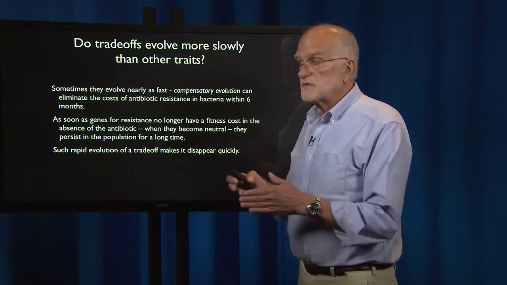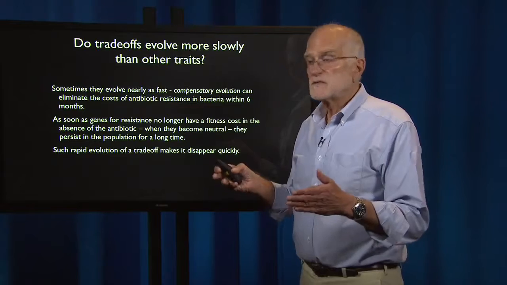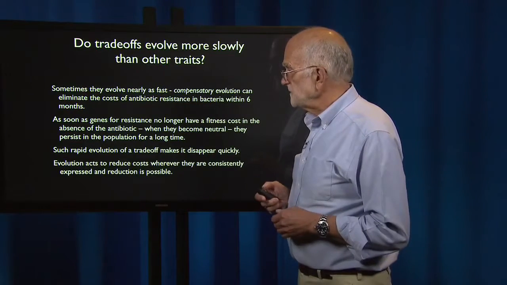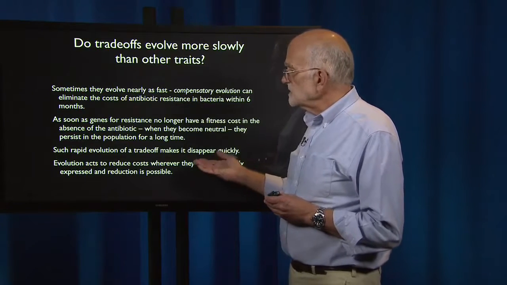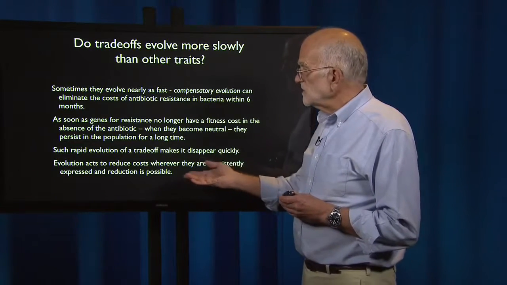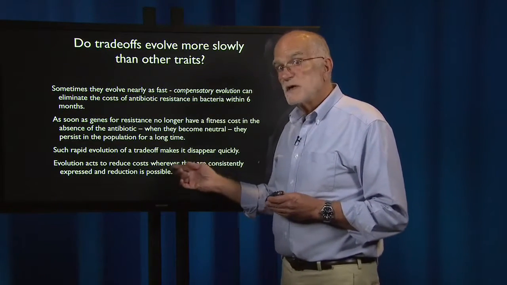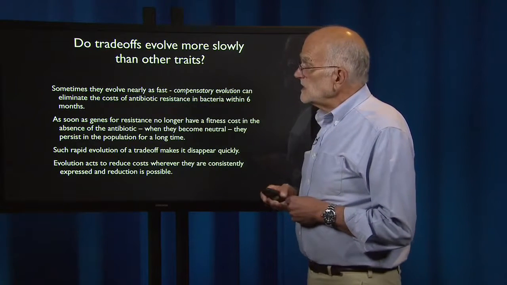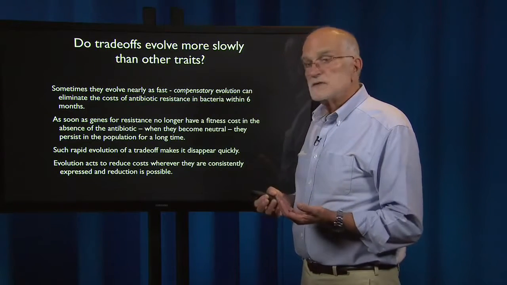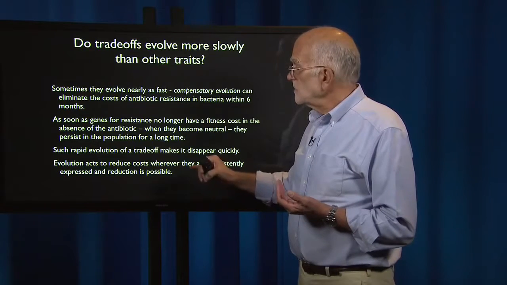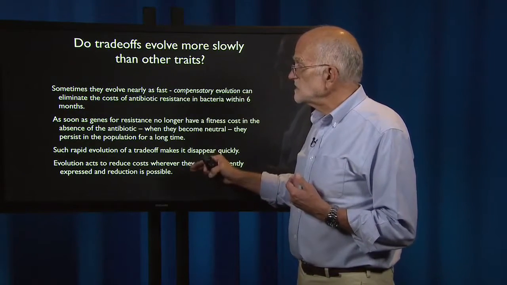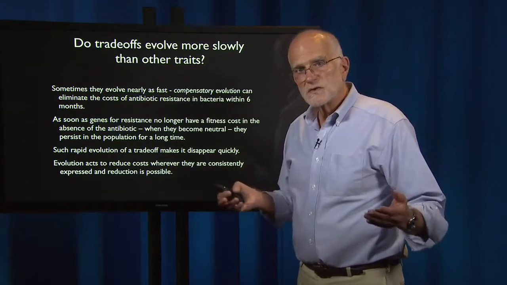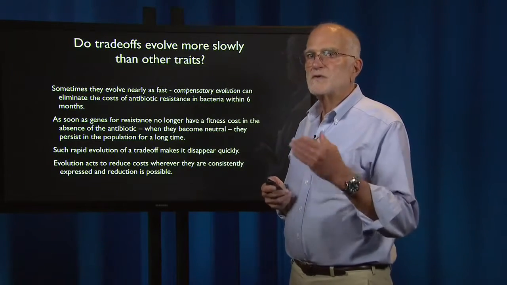In this case, it was a fairly simple trait, and it was possible for evolution to adjust it. Evolution will act to reduce costs wherever they are consistently expressed and encountered, and where reduction is possible. Now, in many cases, trade-offs persist because reduction is not possible, and in other cases, they persist because the conditions under which the costs are expressed are also infrequent.